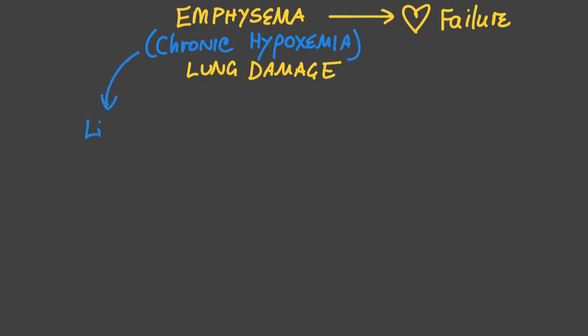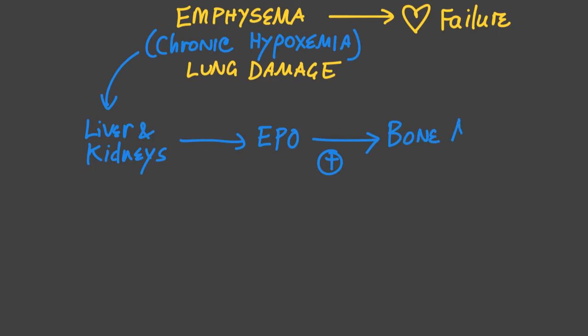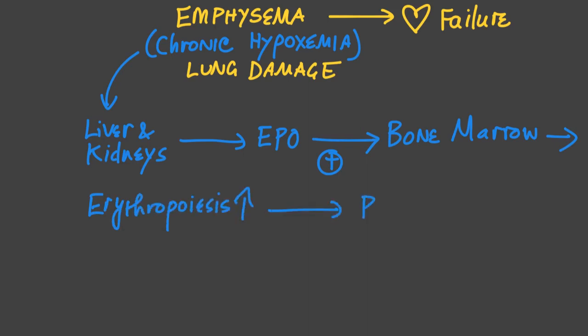So hypoxemia activates the liver and the kidneys, which sense this and release EPO. EPO acts on the bone marrow, which becomes activated. As a result, the rate of erythropoiesis increases, resulting in the increase in red blood cells.